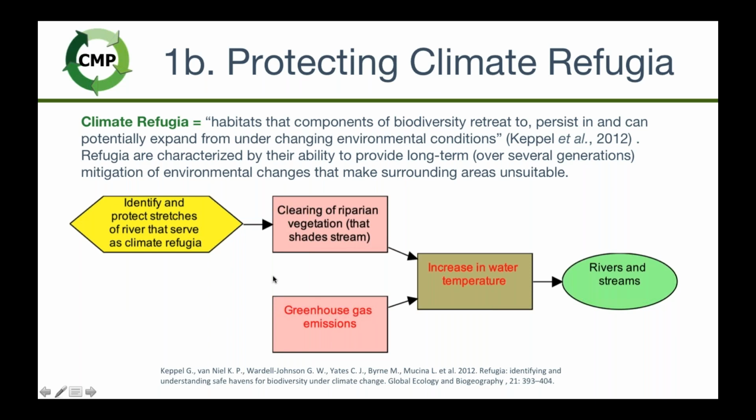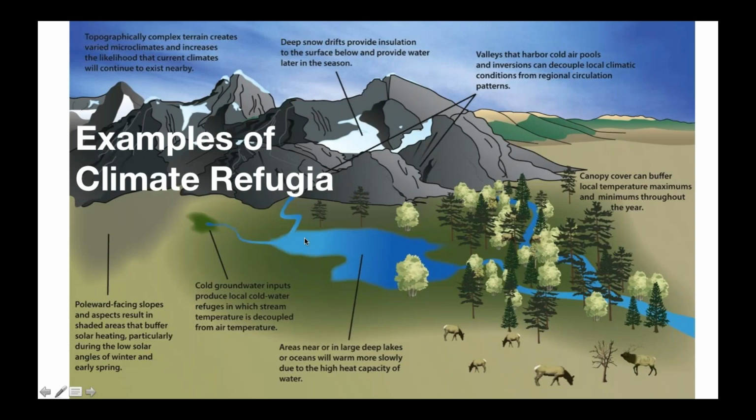So for example, because of climate change, you've got increased water temperature affecting the rivers and streams, and the water temperature is also increasing because people have cleared the riparian vegetation. So if you identify and protect the stretches of river that serve as climate refugia, that could be one example.